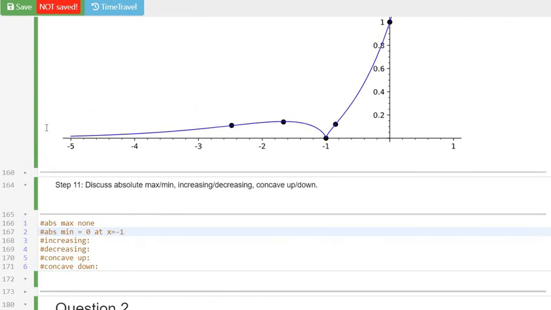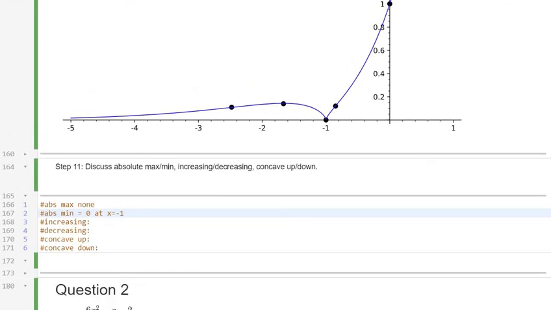This thing is increasing at the beginning until it reaches this peak. So increasing, starting at the left side, minus infinity, until it hits the peak. That peak is at -5/3.